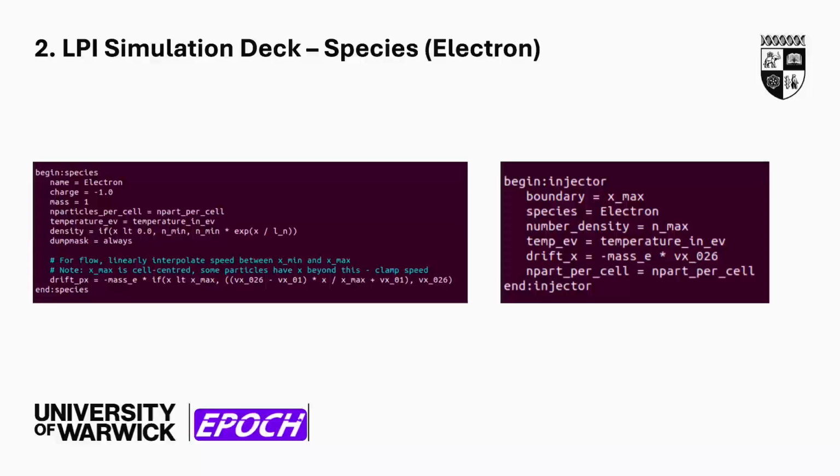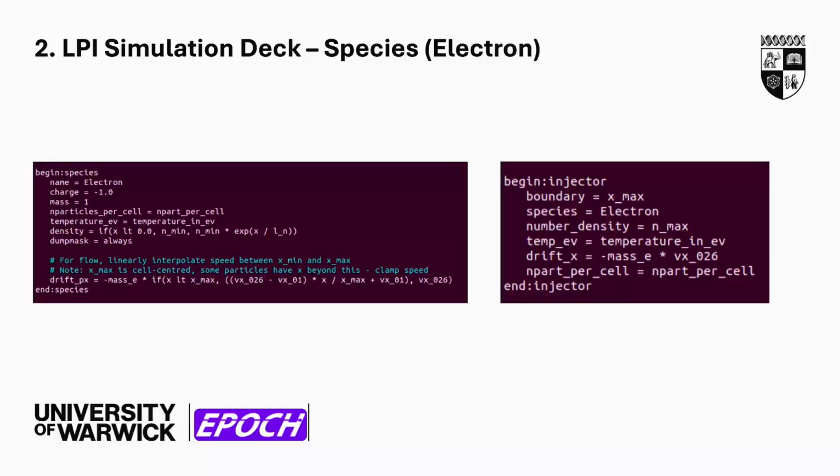You can put in your mock-up of your density profile with some exponentially growing function dependent on the density scale length you put in your constant block. And then to add that flow profile, you can just set each of these species to have some drift momentum. So for this electron species, you multiply the mass by the flow profile that you want to add. In this case, I know what the flow speed is at one end, I know what it is at the other end, so I just do some linear interpolation between those two.